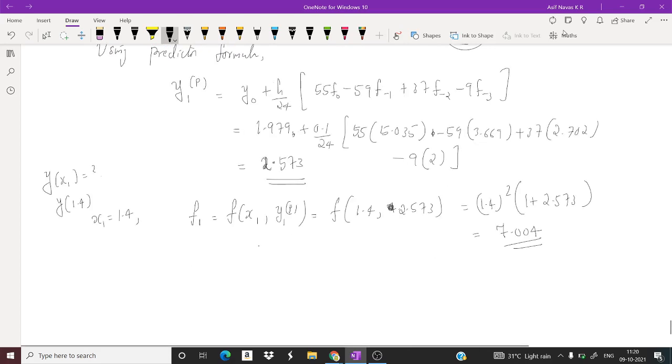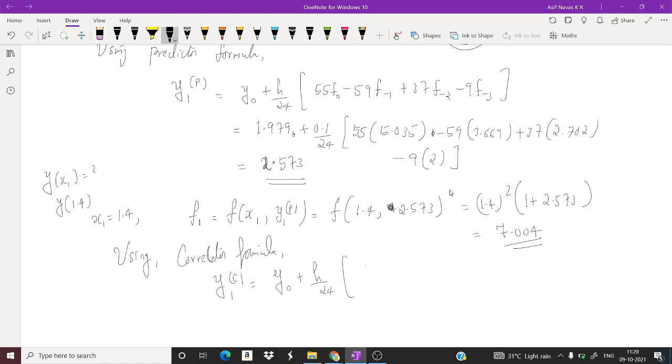The corrector formula is y1 of c equal to y naught plus h by 24 into 9 f1 plus 19 f naught minus 5 f minus 1 plus f minus 2.